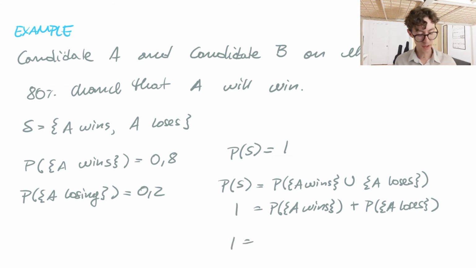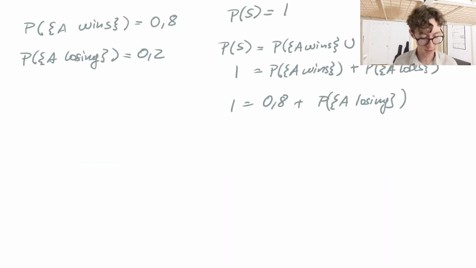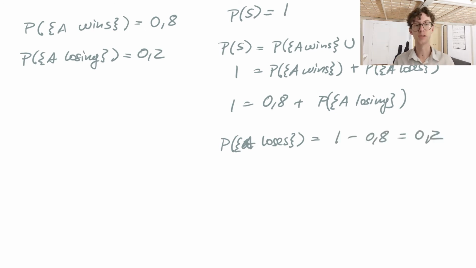And we know that the probability of A wins is equal to 0.8. And we don't know what the probability of A losing is. But then we can just isolate, right? The probability that A loses will be equal to 1 minus 0.8, which is equal to 0.2, right?